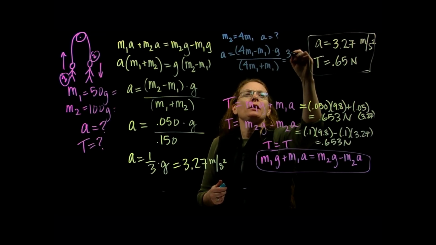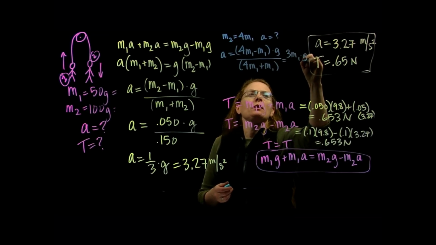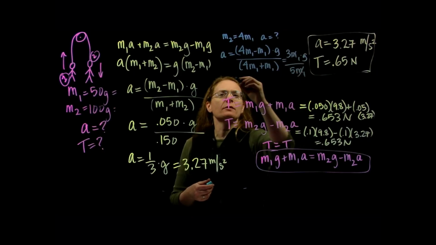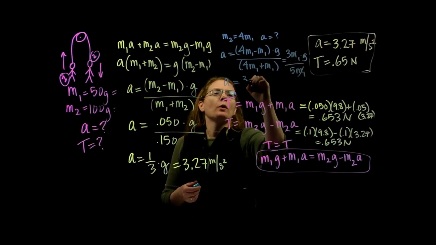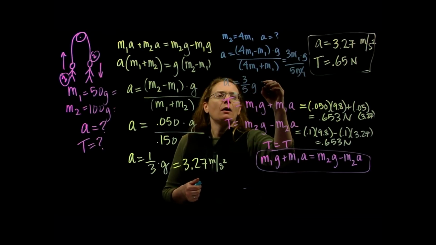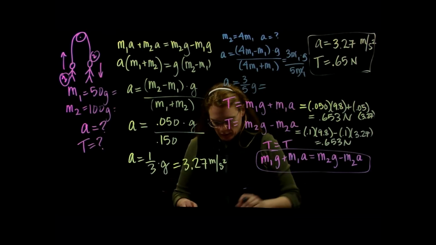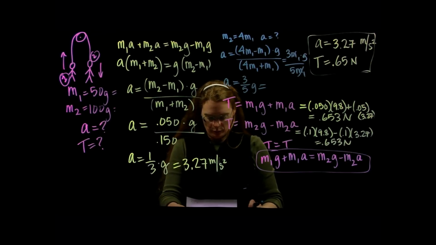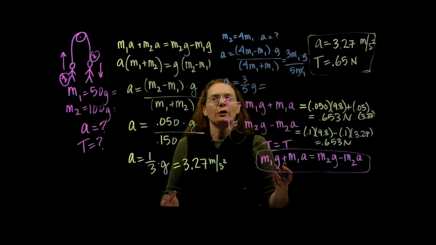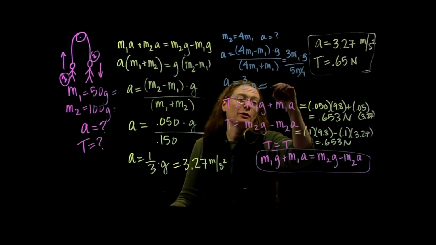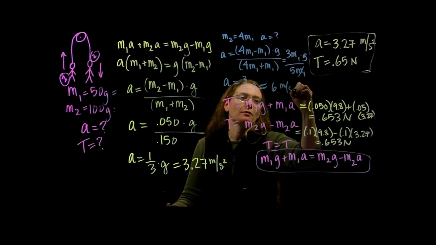That is 3m1 times g over 5m1. Doesn't even matter what the mass is. The masses cancel. And we end up with 3/5 g. So there, our value is 3/5 g, 0.6 g. Oh, darn it, I didn't put that in the calculator. So 0.6 g, it's going to be around 6 meters per second squared.